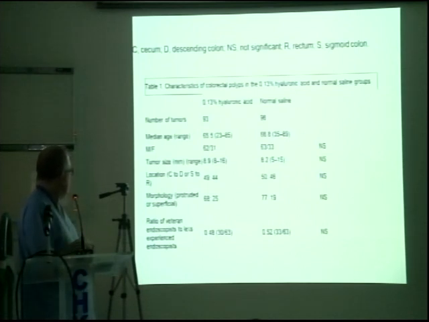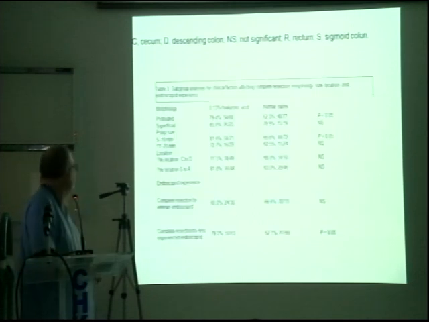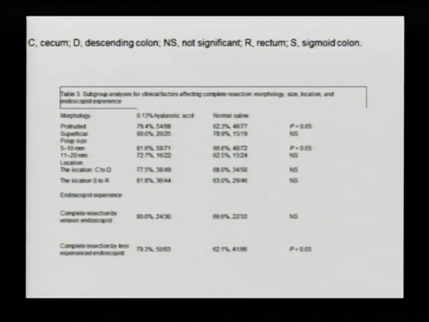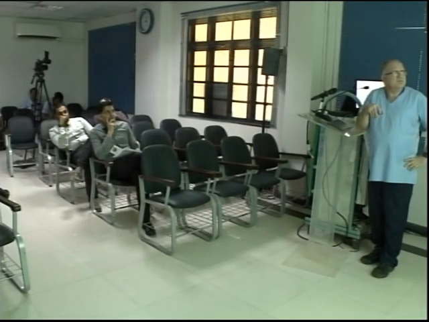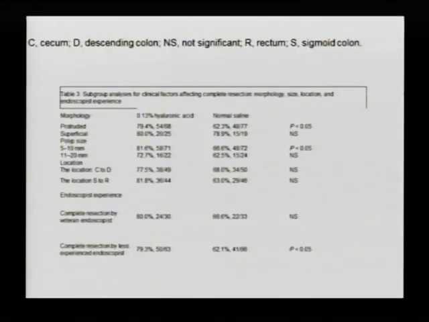And you can see down here the experience of the endoscopist. We're looking at morphology. They don't go on to your classifications, 1PS, 1S, 2S, all this type of stuff. Endoscopic experience, they're looking at how good the person is. Complete resections. See, even in expert hands, complete resection is not even guaranteed. That's 1 in 5.